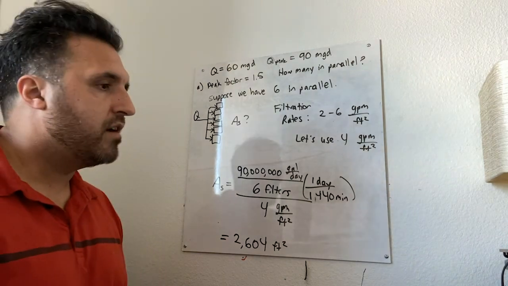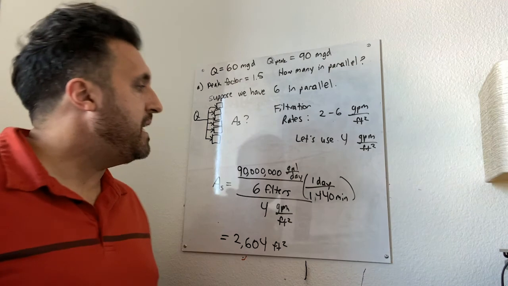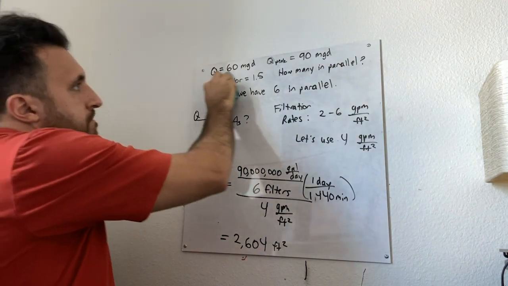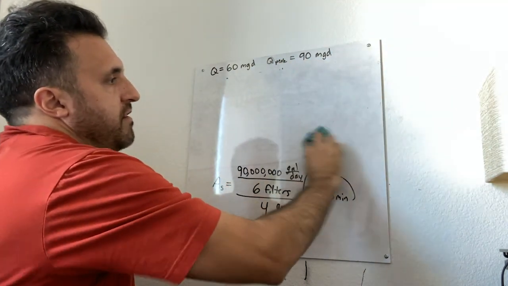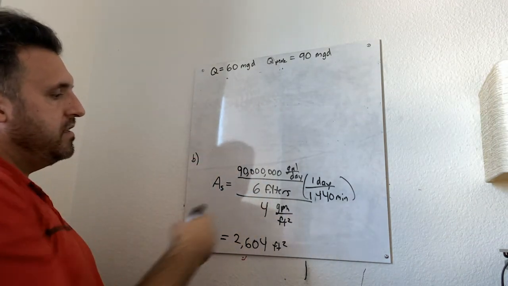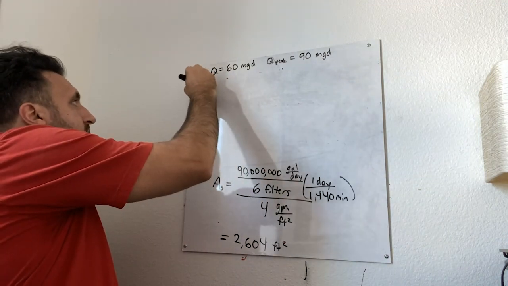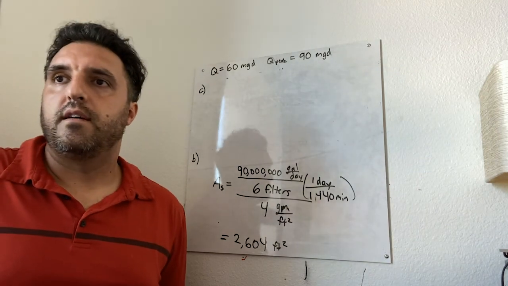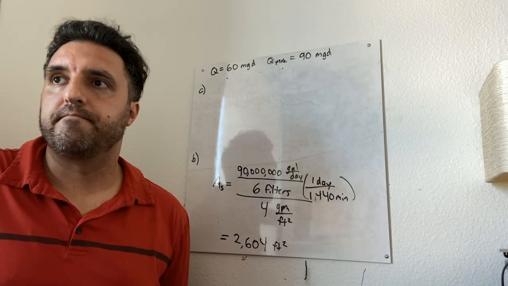Next, part C, is to choose a media type. So we went through part A. Part B was to find the surface area. Part C is to determine the media type and the depth of each of the filters.